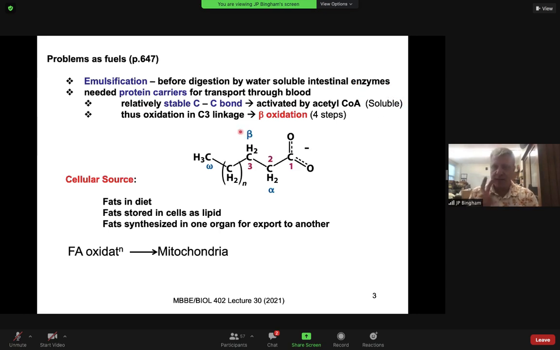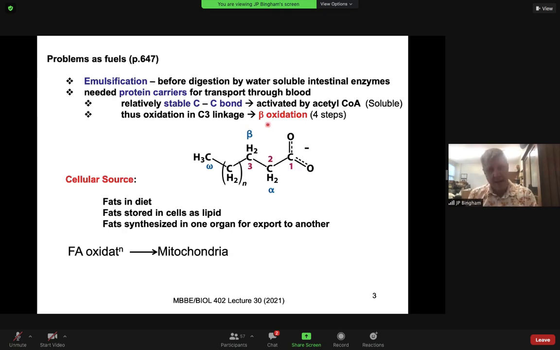So we're taking 2 carbons off this long-chain fatty acid at a time to make acetyl-CoA, as we'll see very shortly, and that is soluble. So we're going to go through oxidation systems called beta oxidation, and it's 4 steps that you need to know and understand. We're going to see how we degrade these long-chain fatty acids to produce the individual constituents of acetyl-CoA, which is going to be our energy source.